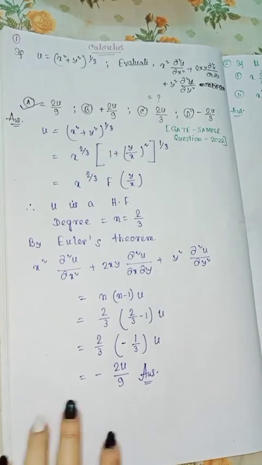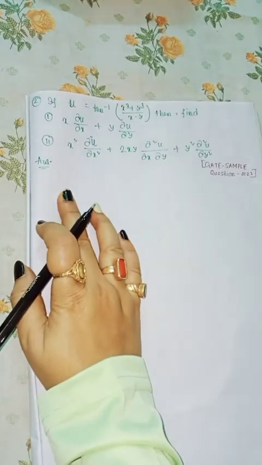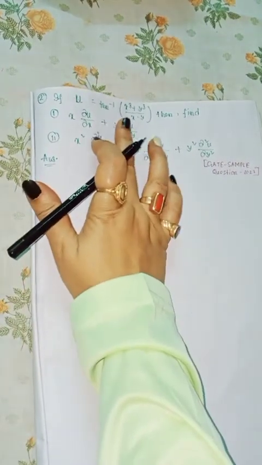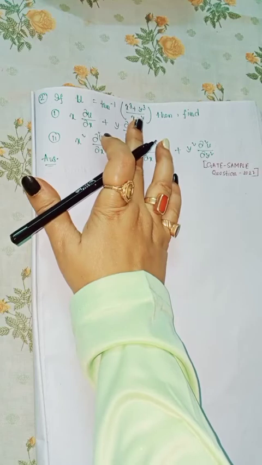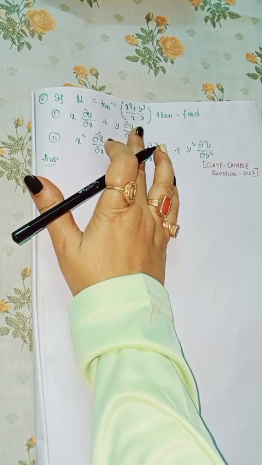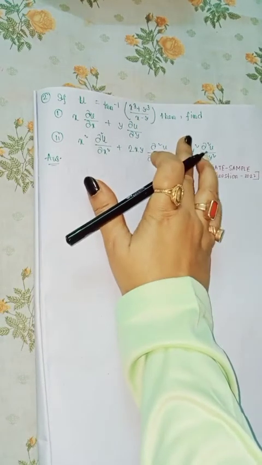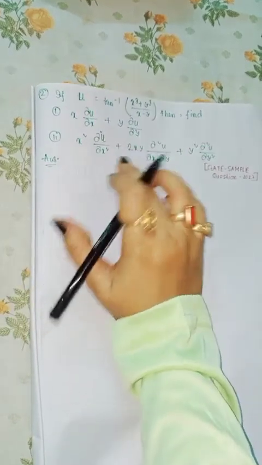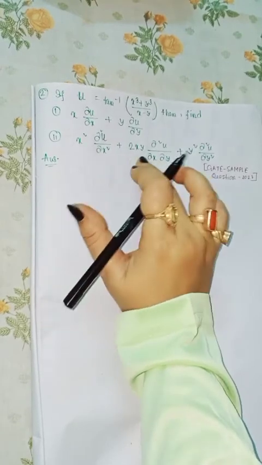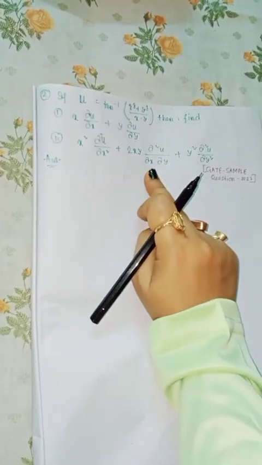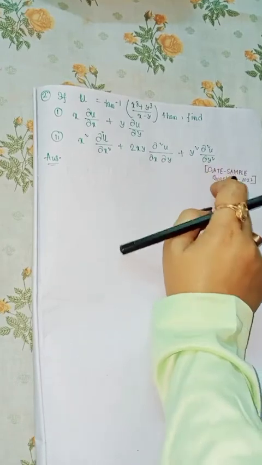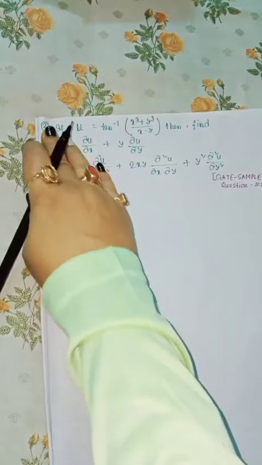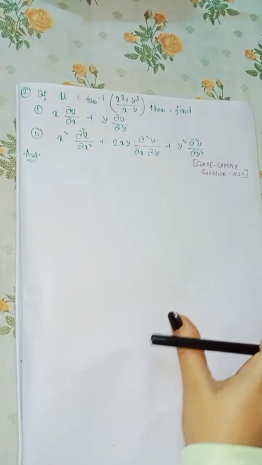Now moving to question 2. So question 2 tells us, if u is equal to tan inverse of (x cube plus y cube) by (x minus y), then find x del u del x plus y del u del y, and x square del 2u del x square plus 2xy del 2u del x del y plus y square del 2u del y square. This is the GATE sample question 2020-22.